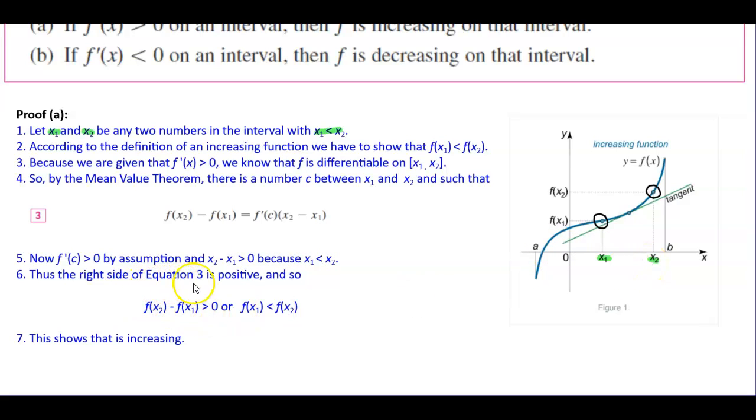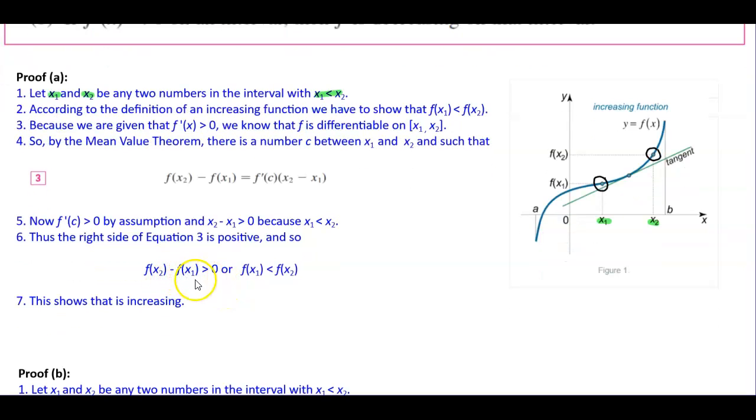Thus, the right side of equation 3 is going to be positive. That means f of x2 minus f of x1 is greater than 0, or f of x1 is less than f of x2.